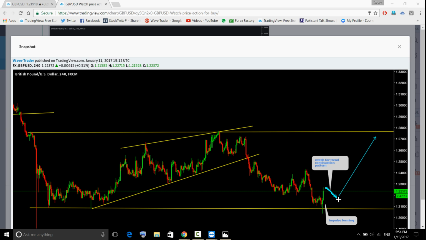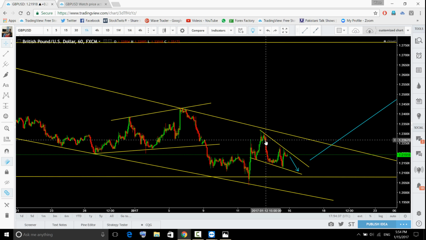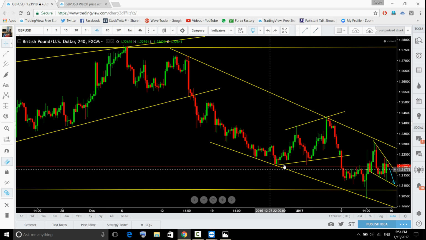This is the impulse showing nice price action at the bottom, and now it is forming this continuation pattern. Try to buy as low as you can so that you can manage your stop loss well. Don't try to buy within the pattern, because your stop loss is not going to be reasonable.